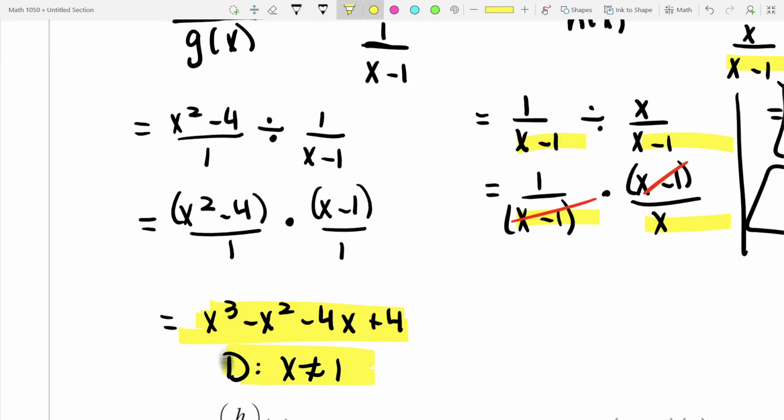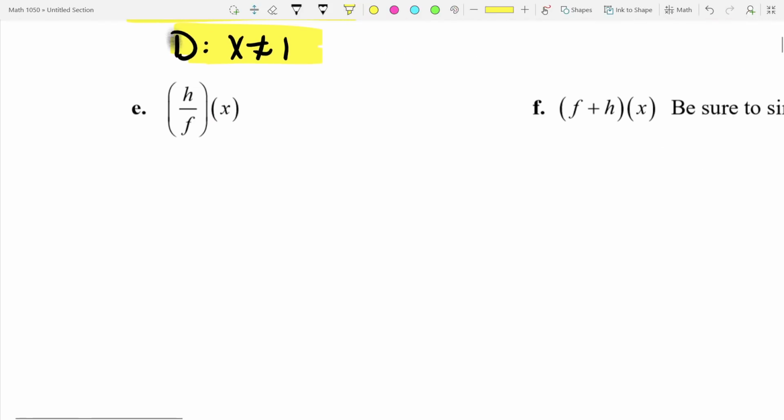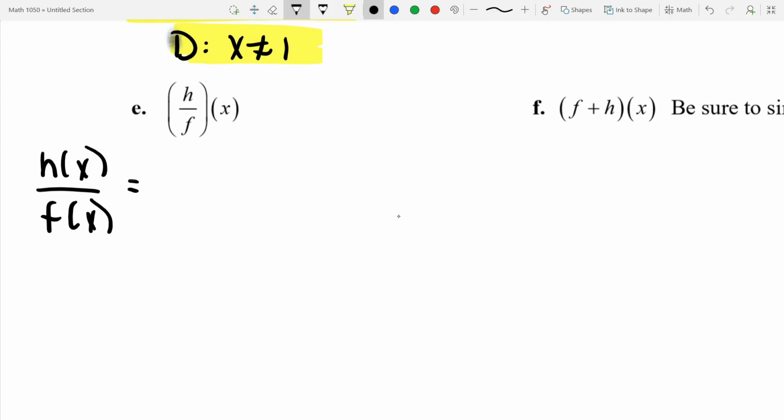Okay, good. Okay, let's come right here to question E. So this is going to be h of x divided by f of x. So, big long fraction bar. On the top goes your h of x, which is x over x minus 1. On the bottom goes your f of x, which is x squared minus 4.